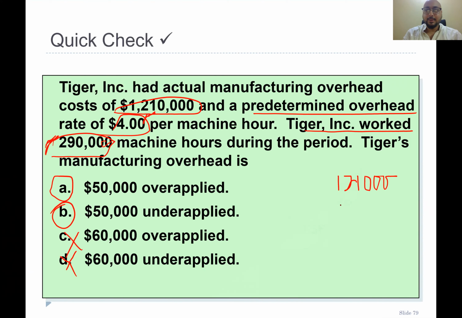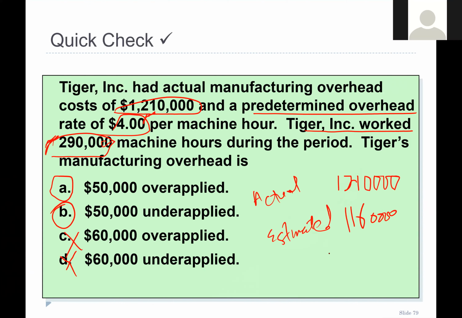Okay. Right, so we have actual 121,000, and our estimated, what is the estimated one? 4 multiplied by 290,000, how much? It is 116,000.